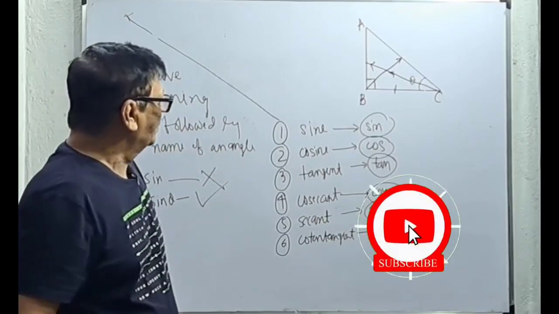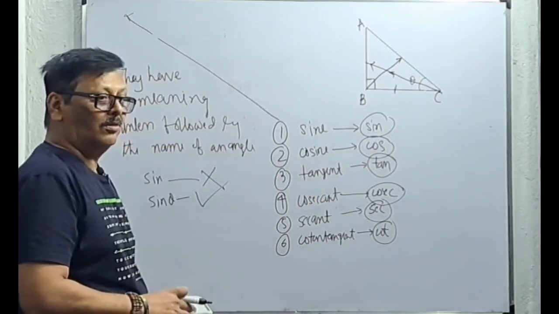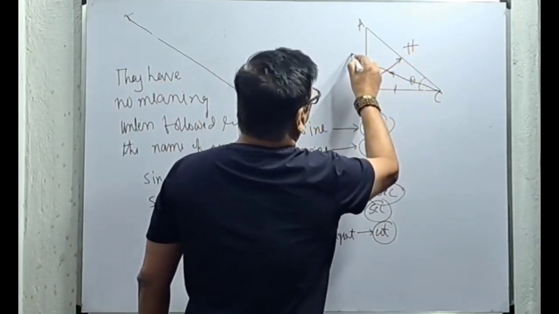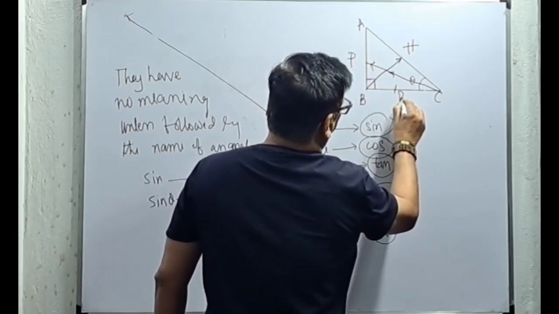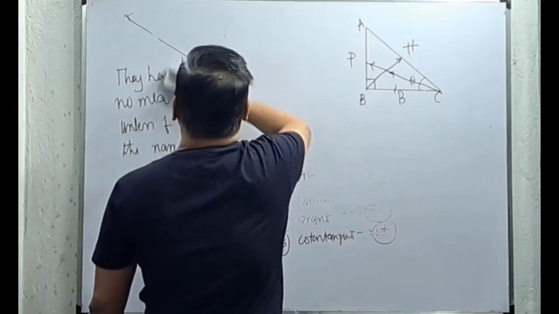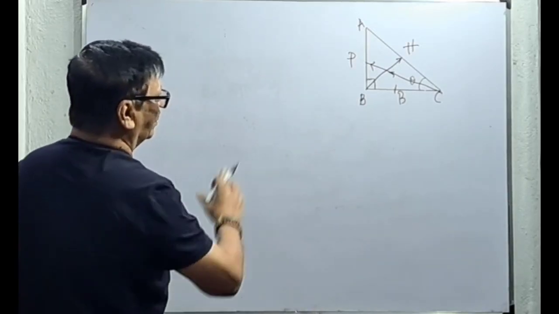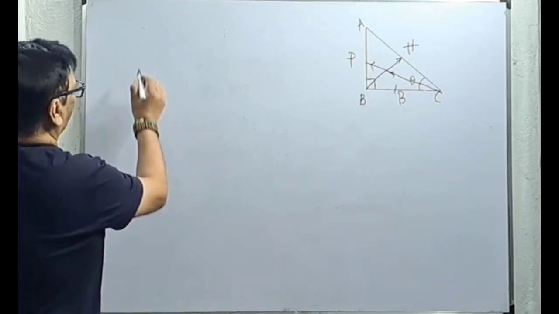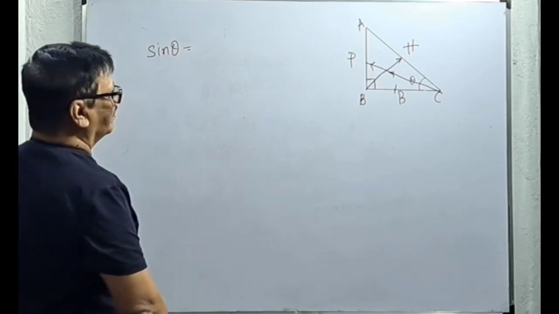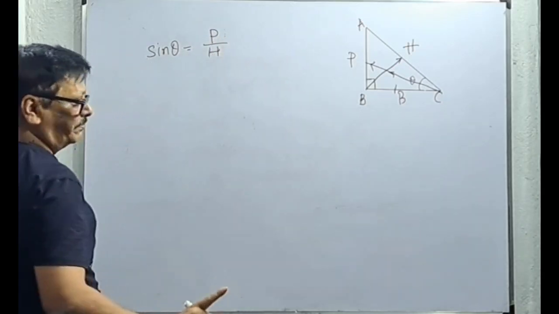Now let us find out how the ratios look like after using the abbreviation. Like this is H, this is P, and this is B, right? Let us see. Now, if we consider this particular figure, sine theta will be perpendicular by hypotenuse, right?